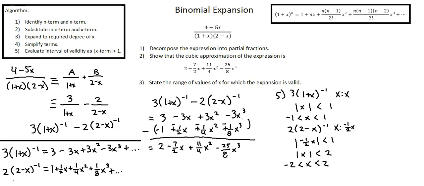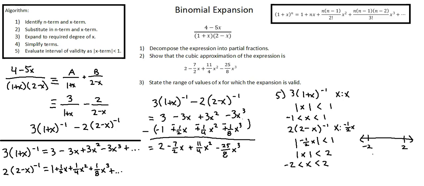Now at this point we have 2 ranges. In order to finalize our interval of validity, we need to identify values that satisfy both intervals. So we can set up a number line from negative 2 to positive 2.